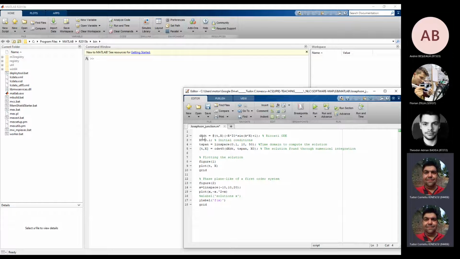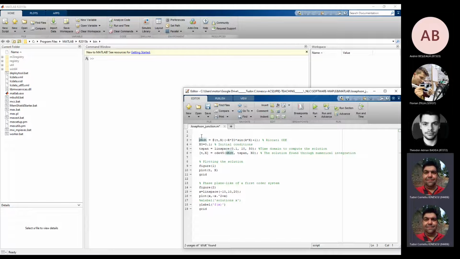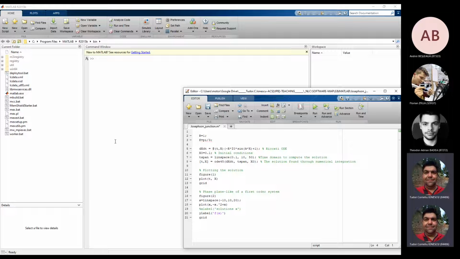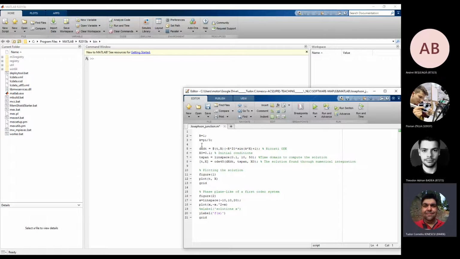Let's take r equal to 1, k equal to pi over 3, not capital K but small k. What else?